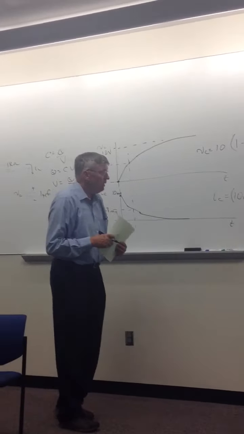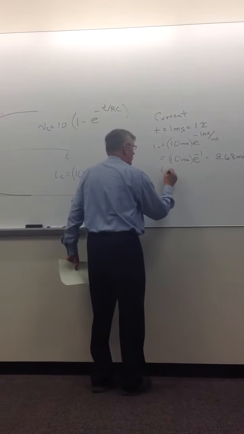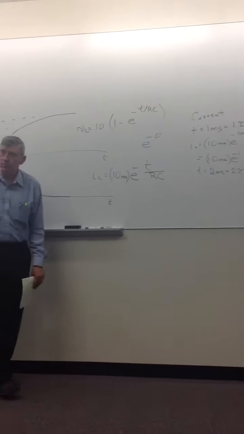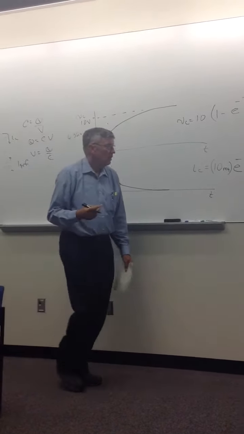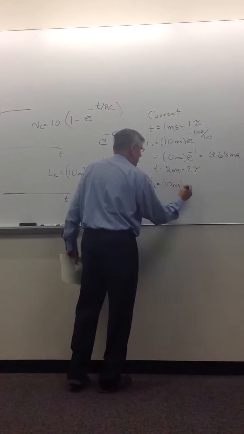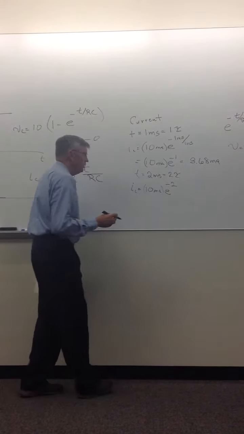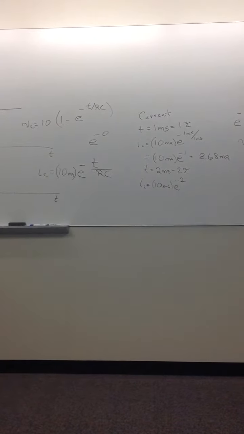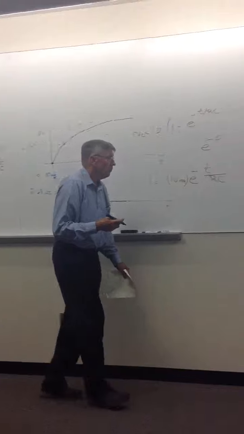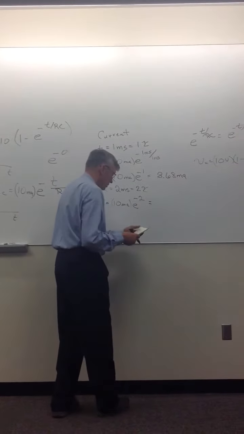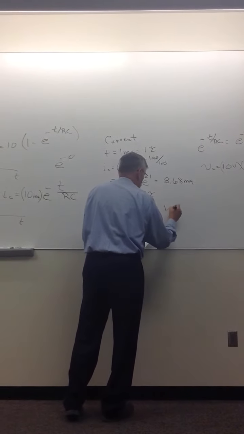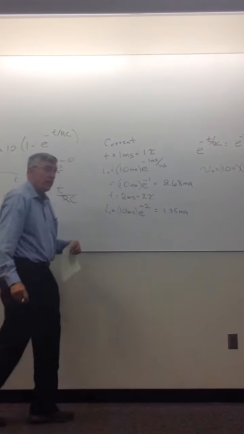Next, let's do it for 2 milliseconds, which is 2 time constants. So plugging that in, t equals 2 tau divided by the denominator time constant tau, so we just have e to the minus 2. 1.35 milliamps.